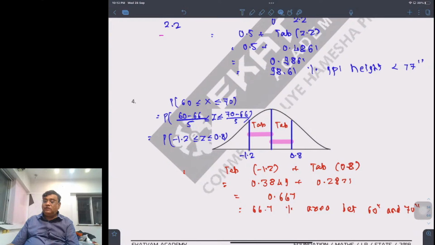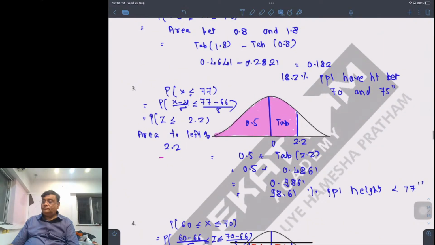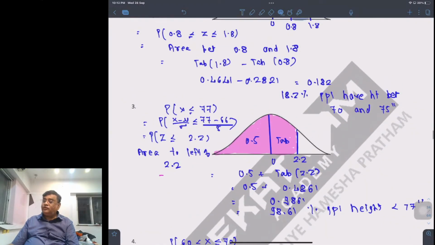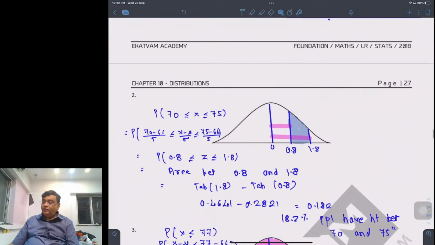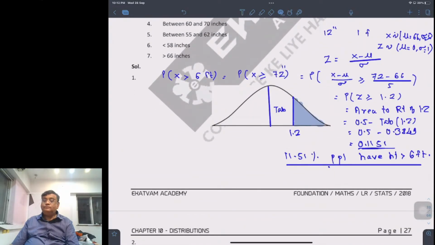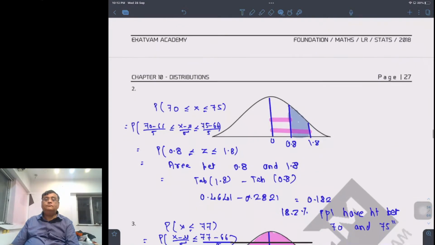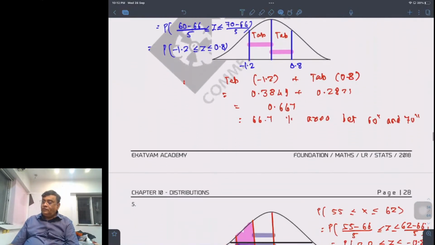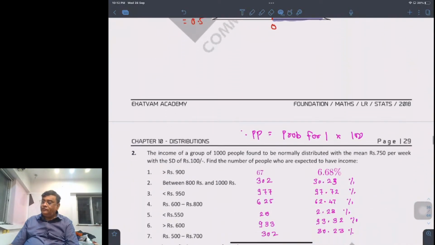Is that clear? कहो ना समझ गया. I hope this is clear.